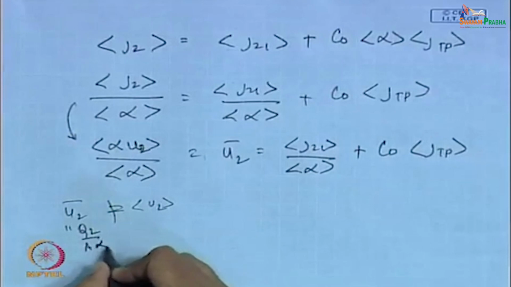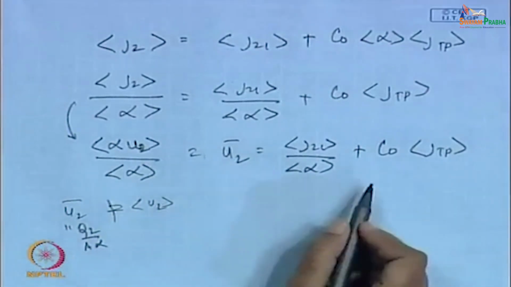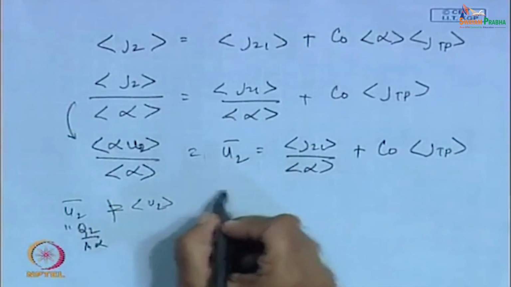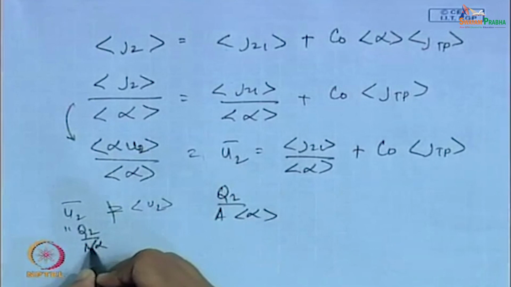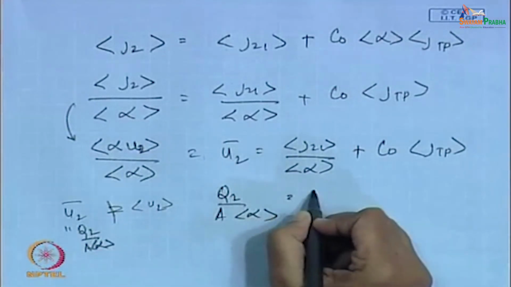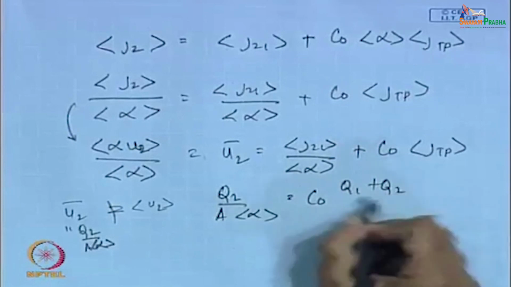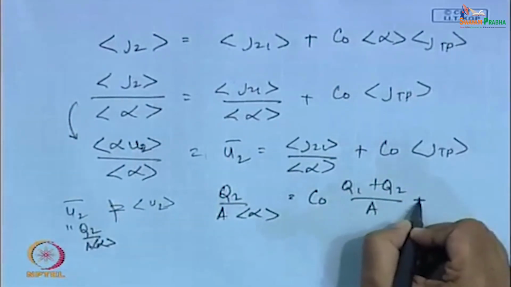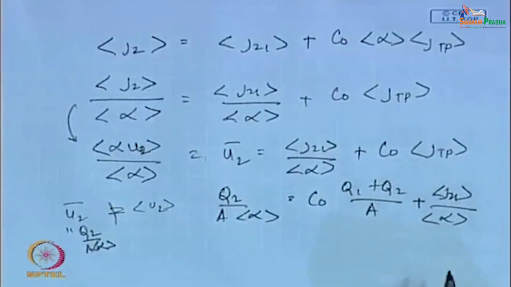This is given as u2 is nothing but q2 by a, or in other words, in terms of measurable parameters, if we write, this is nothing but q2 by a alpha, equal to C0 q1 plus q2 by a plus J21 by alpha.